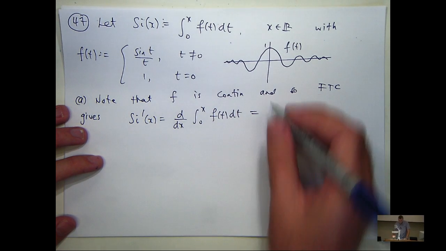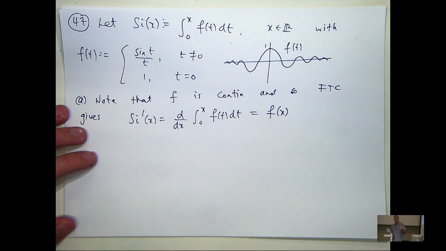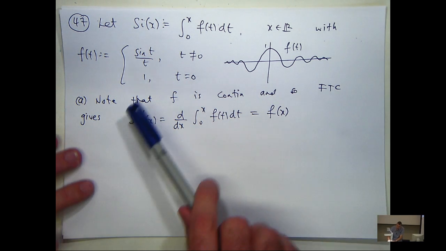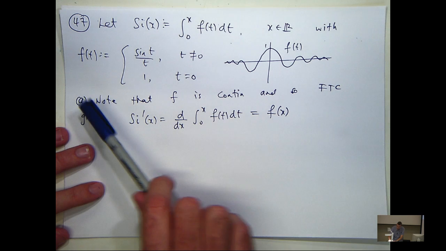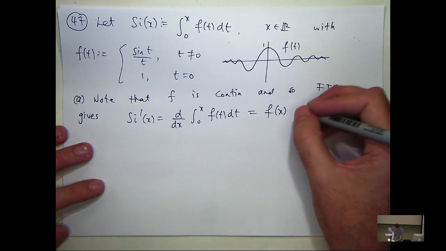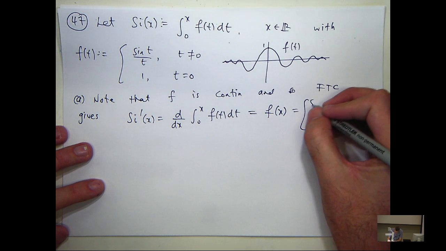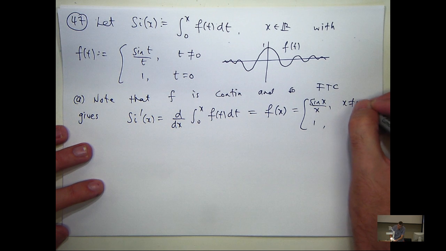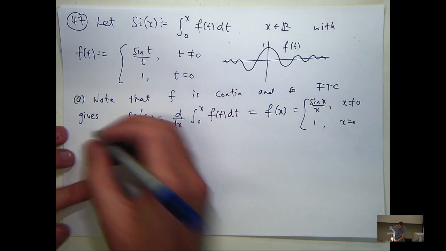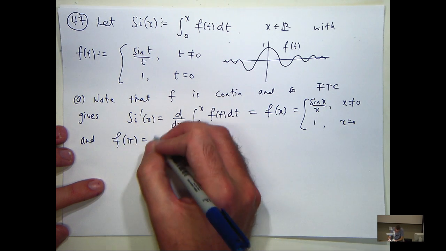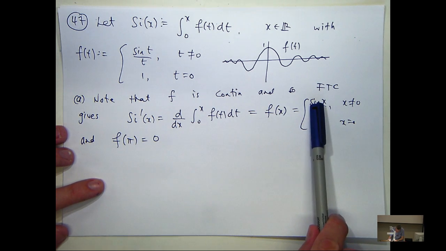So if I differentiate, now at x equals pi, right? This is going to have a 0. So f of pi is 0, because we're using this definition up here.